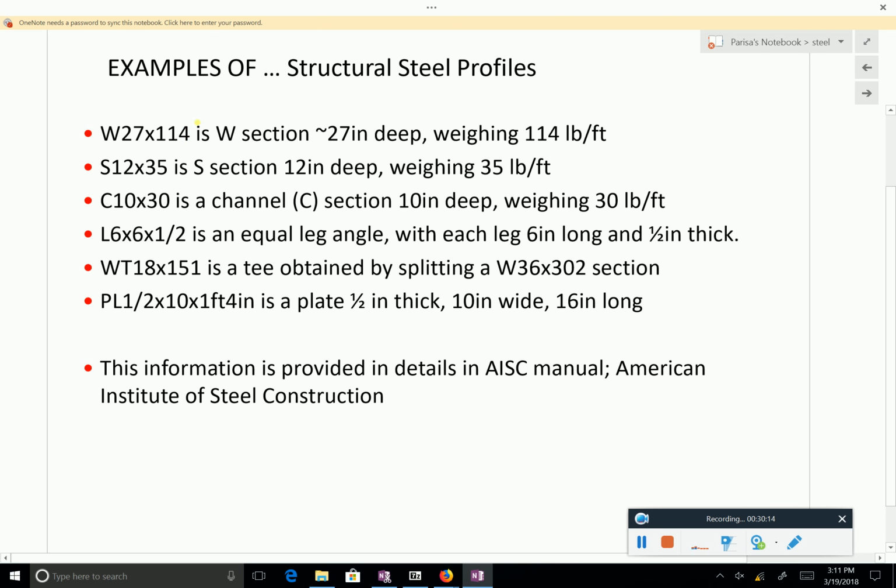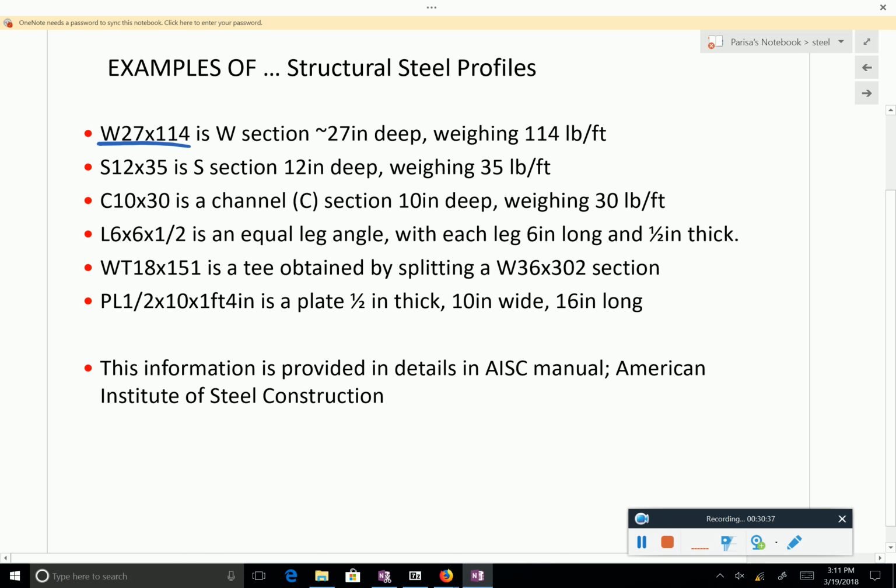So, for example, if someone is talking about W27x114, that means the W section, which is 27 inches deep, and the weight is 114 pounds per foot. So the weight is always expressed in terms of the amount of weight per unit length of the beam.